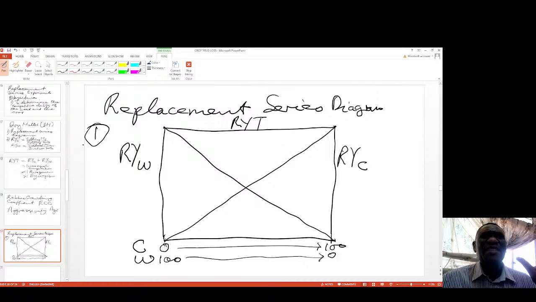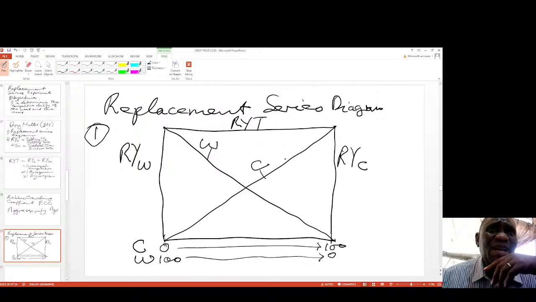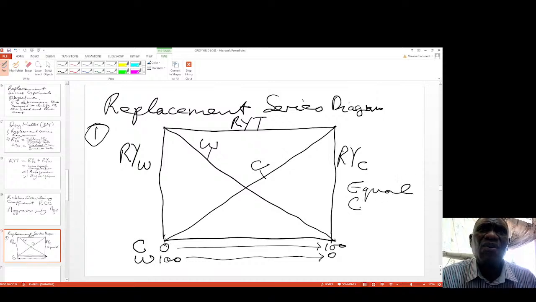When we have straight lines for C and straight line for W, it means there is equal competition. And this is an example of a replacement series diagram. It means equal competition.